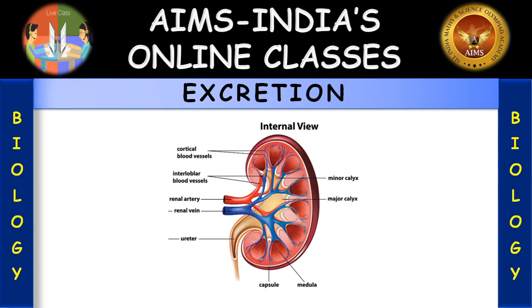What are they? They are glomerular filtration, number one; tubular reabsorption, number two; tubular secretion, number three; and the fourth step is concentration of urine.